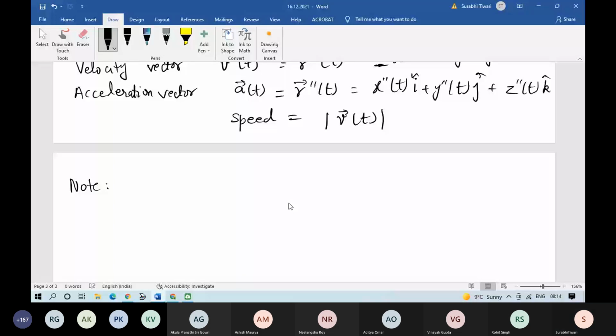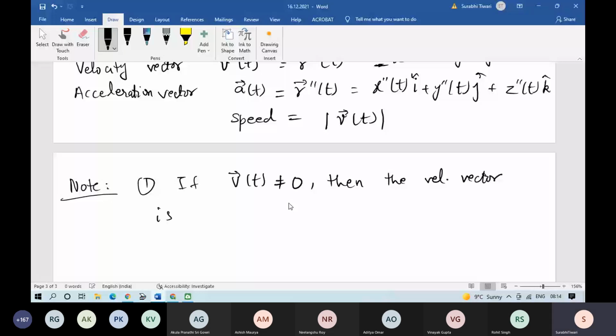If the velocity vector is not equal to 0, then the velocity vector is tangential to the curve of motion of the particle.